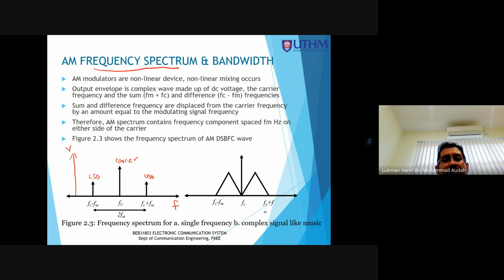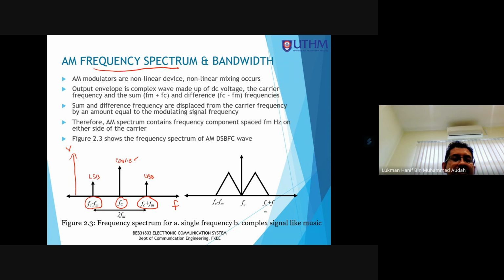The frequency of the component in the center would be FC, the lower sideband would be FC minus FM, and the upper sideband frequency is FC plus FM.